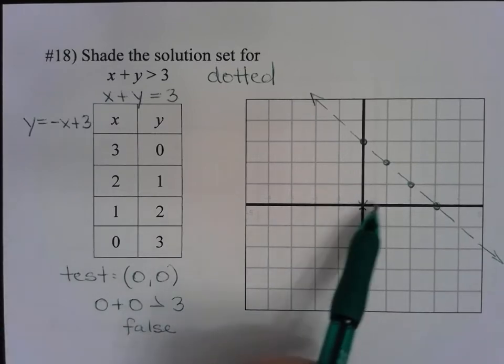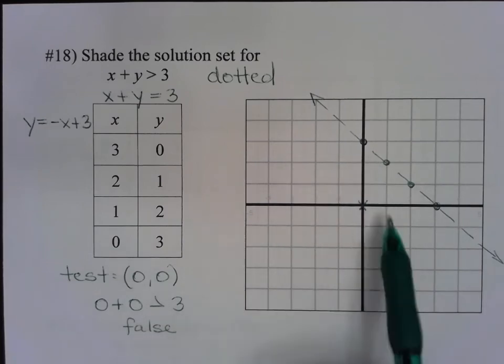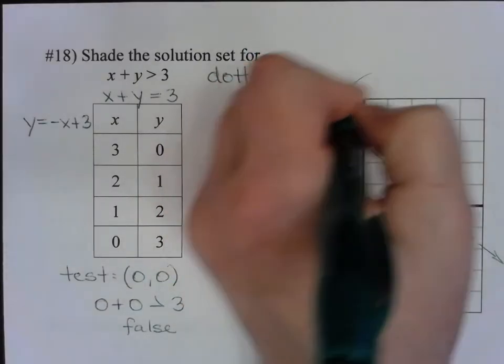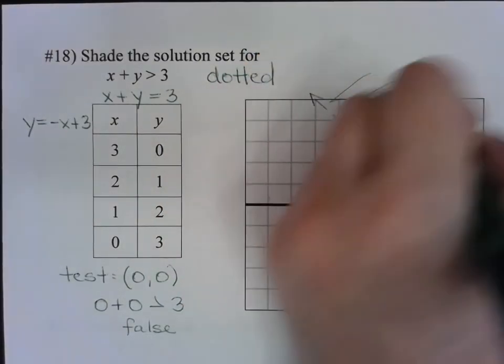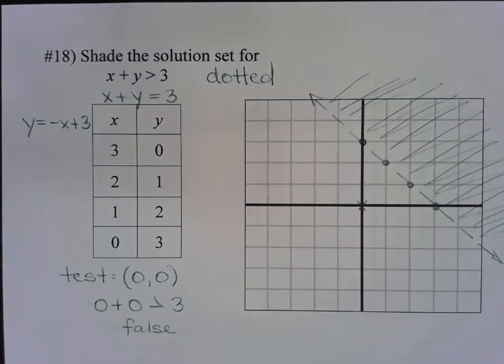So just like the last question, this is not a solution. So none of these points over here are solutions. I need to shade on the other side of the line, this side over here. Okay.